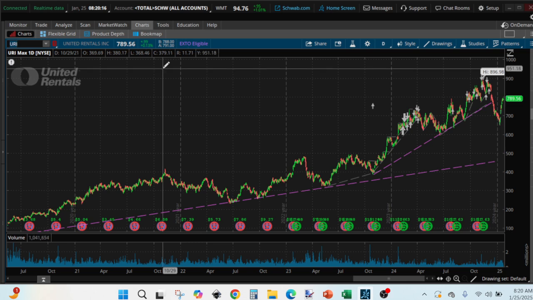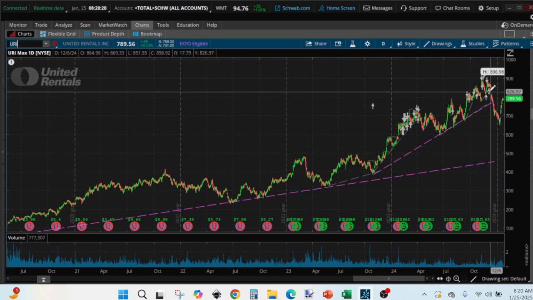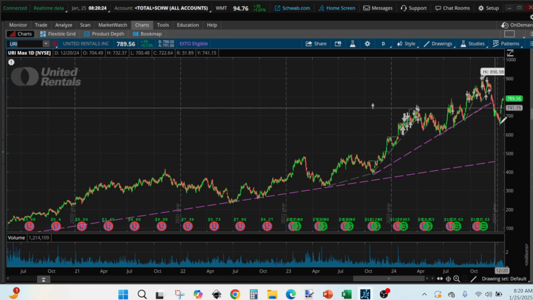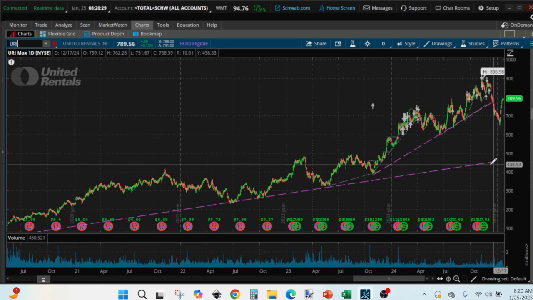So URI, we like to buy at either one of those trend lines, but we have it in the portfolio. We bought it some time ago. It pulled back on us and started going up. So it pulled back, but it didn't come down to this trend line.